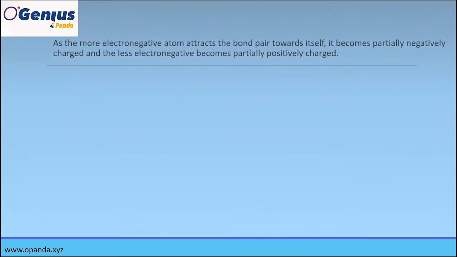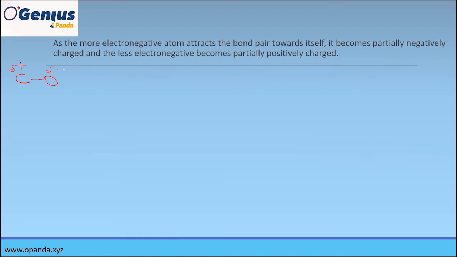As the more electronegative atom attracts the bond pair towards itself, it becomes partially negatively charged. It gets a partial negative charge, and the other one, which is less electronegative, becomes partially positively charged. We take the example of carbon and oxygen. So this one will take a partial positive charge. It's about to lose, but it has not lost.